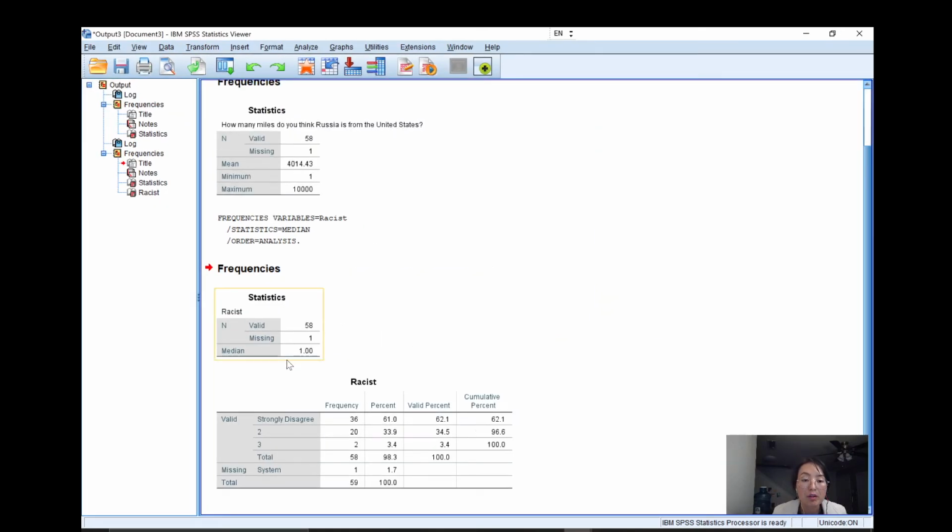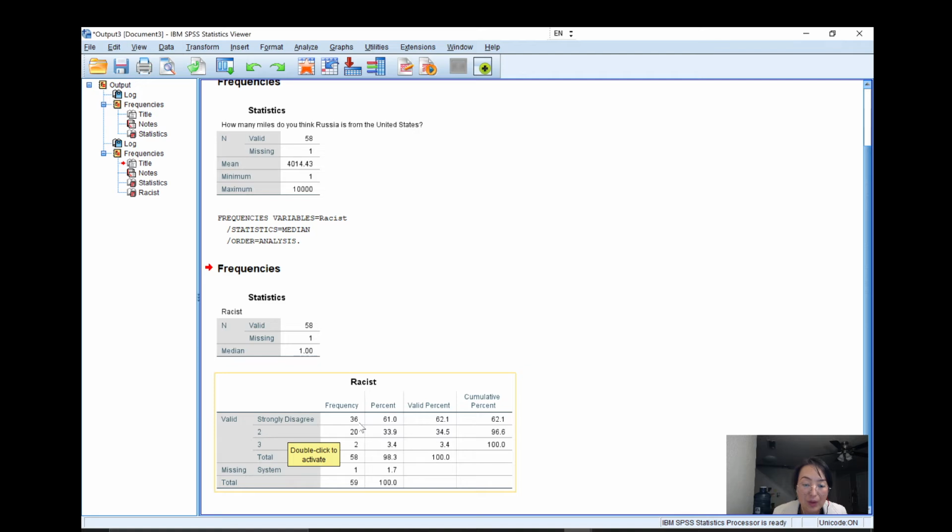For ratings on the racist, we only have strongly disagree, about 61% and 36 of you. And the total, let's take a look at the total. The total responses is 59, including one missing. So the total valid responses are 58.